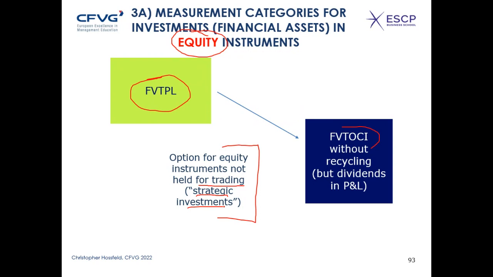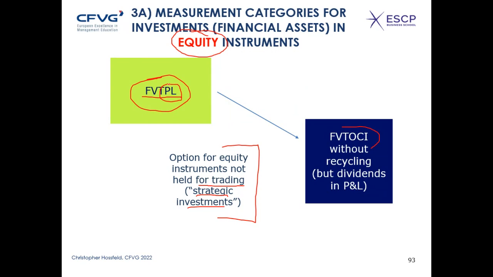So why this option? Well, in the beginning, the regulator said, no, all equity investments should always be fair valued. That means we have basically a market value because that's the best measurement option. And all fair value gains and losses should go in the income statement because that leads to higher transparency.